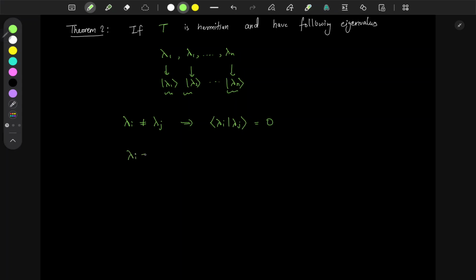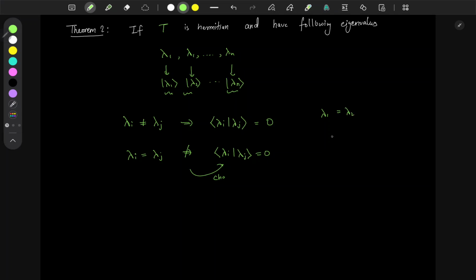And if there are two eigenvalues which are the same, then it does not imply that this has to be 0, but you can choose it to be 0. So suppose lambda 1 and lambda 2 are the same.